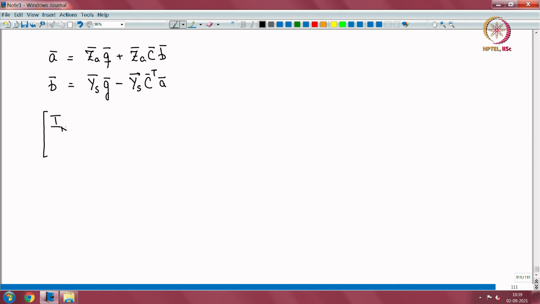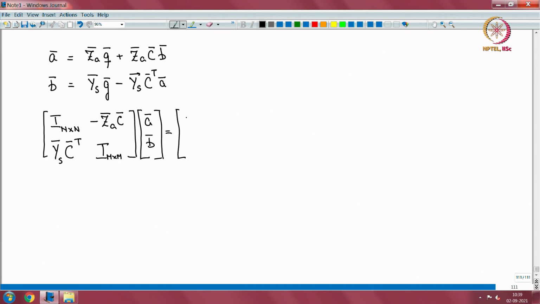I get an identity matrix I n cross n, minus Z A C, then we have Y S C bar transpose, I m cross m, is equal to Z A Q by Y S G. Okay, this is the system of equations. So A is n cross 1 and B is m cross 1.